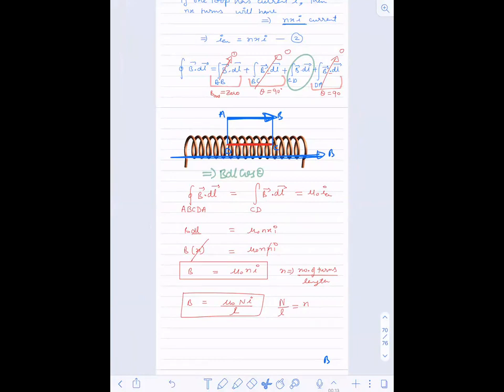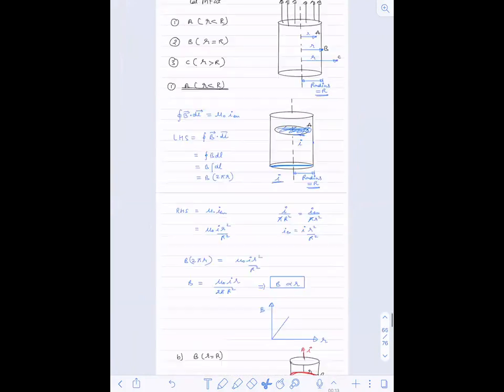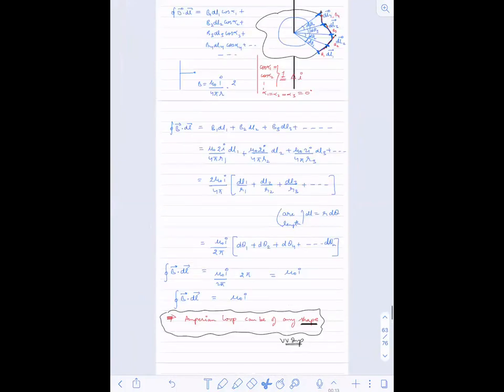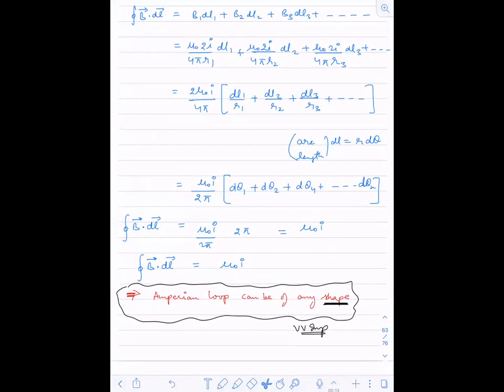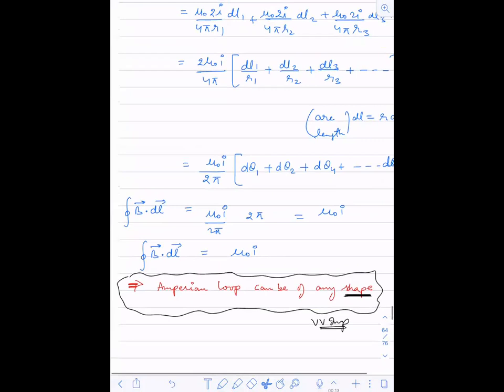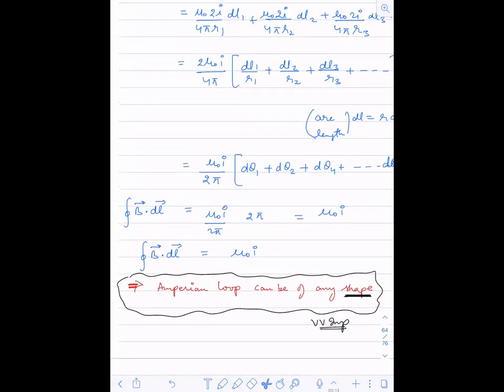I hope you are asking about the circular loop. You want to put a circular loop there, correct? Yes. So yesterday, what did I tell you in Ampere's circuital law? See this line on your screen. Very, very important. What is this line telling you?